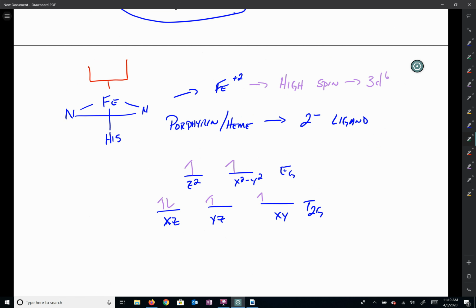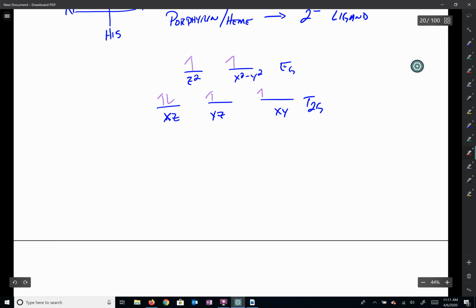So the question is, what happens when oxygen comes in? And the other question is, how does oxygen bind to the metal center? And you're like, well, what do you mean, how does it bind? Well, there's a couple of different methods, okay? Let's imagine we have an iron center. Oxygen could bind from an end-on manner like this.